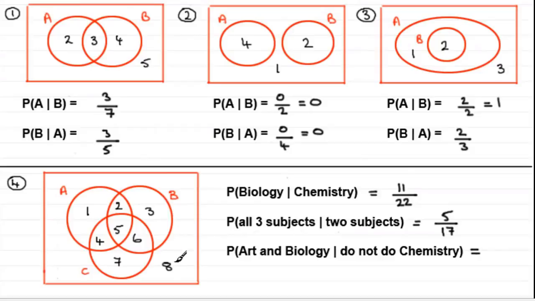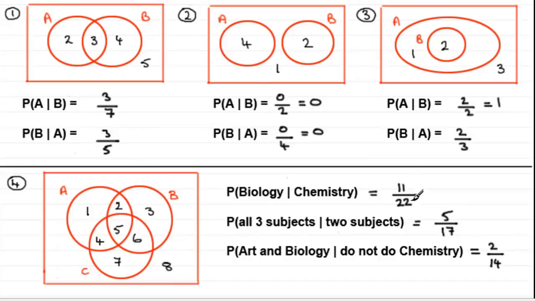They're the number of people that do not do chemistry. So if you add 1, 2, 3, and 8, that comes to 14, and that's your denominator here, 14. So of these people, how many do art and biology? Well, it's going to be just these 2 people here. Alright, so that'll be 2 out of 14.